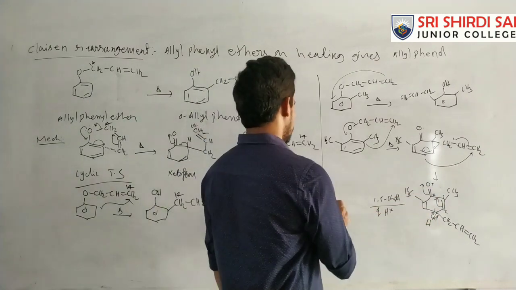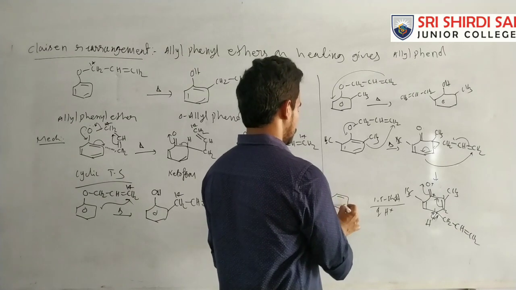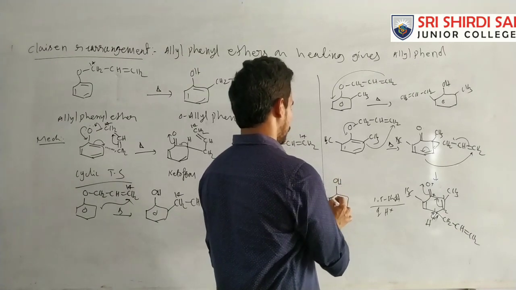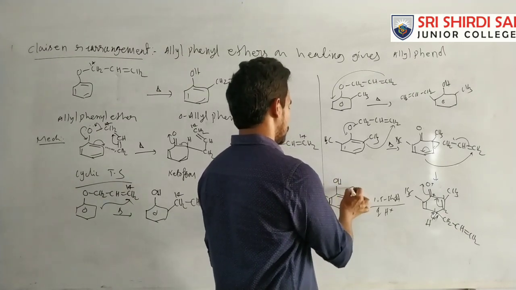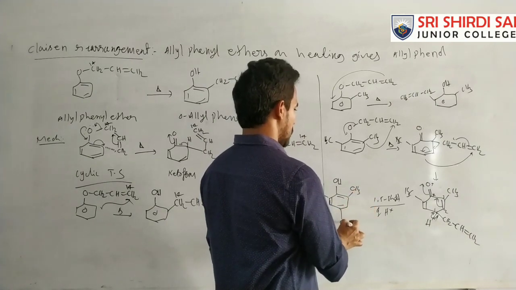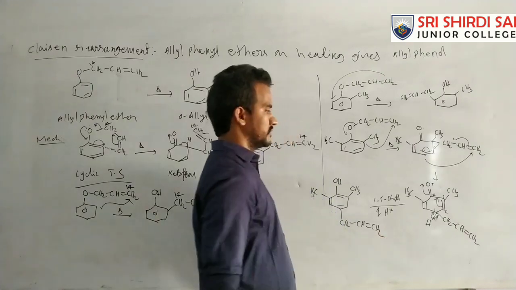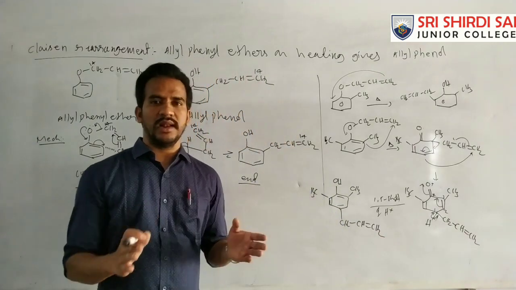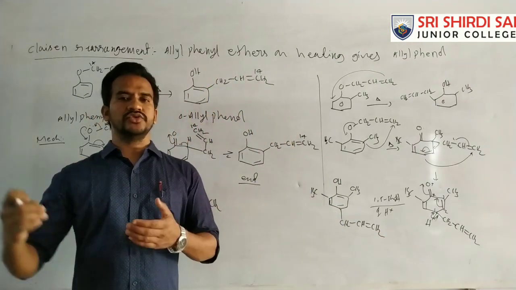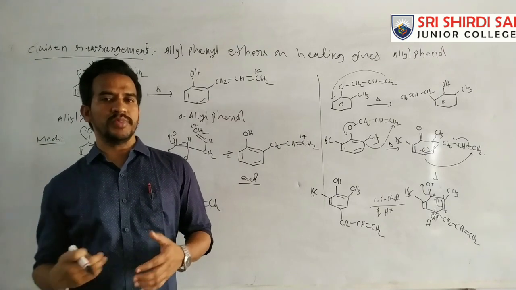As a result, the product is phenol, with CH3 and CH3, and the CH2, CH double bond CH2 group. So here, two times: first the allyl group is migrated to the ortho position, and from the ortho position to the para.